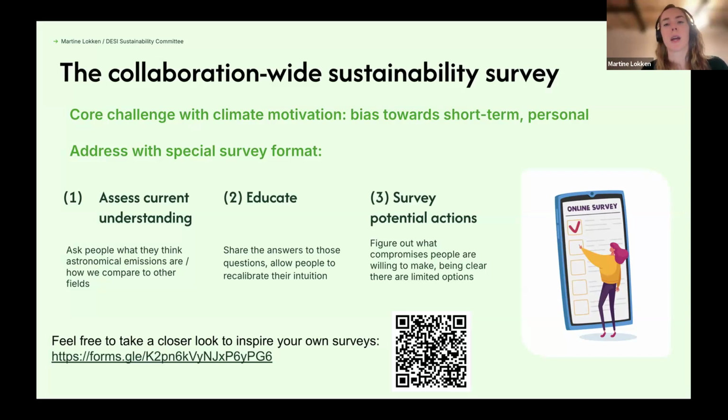How much do you think our per capita emission is compared to per capita emissions from this country or that country? And then we followed up that section with the answers to those questions, so people could assess themselves on the spot and recalibrate their intuition if it was off.